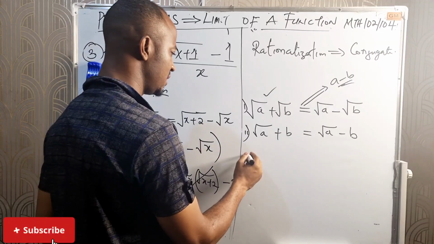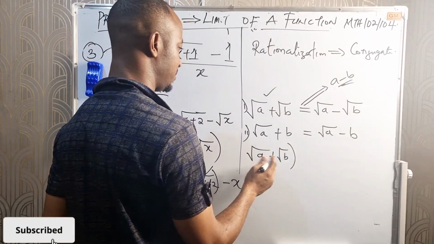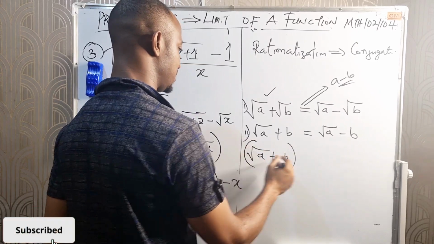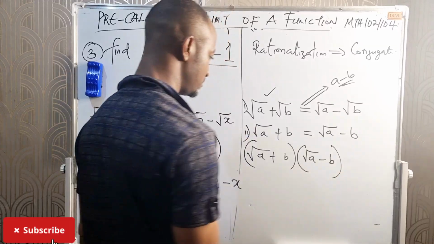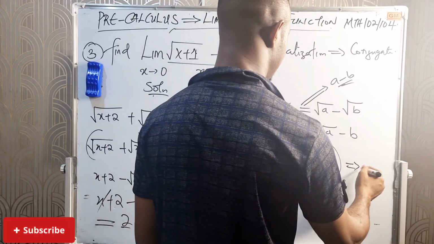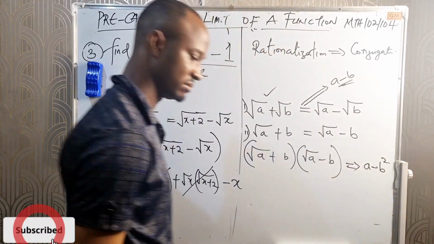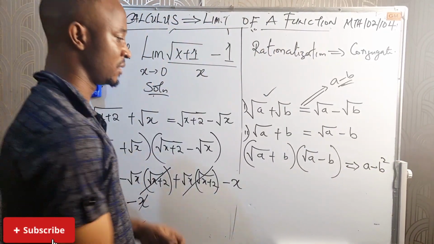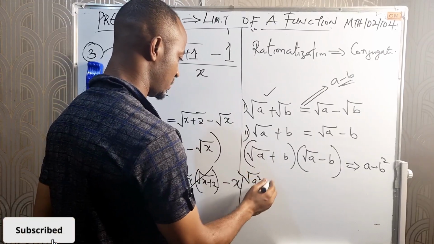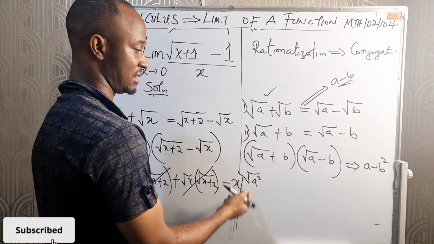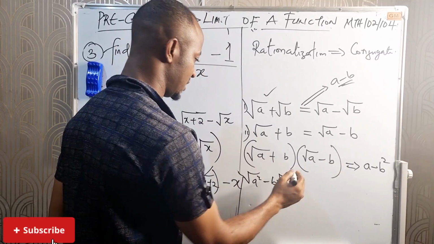So if I have root A plus B, multiplied by root A minus B, the answer will be A minus B squared. But let's verify. Root A times root A, we know is root A squared, which is the same as A, right? Root A times minus B is minus B root A.